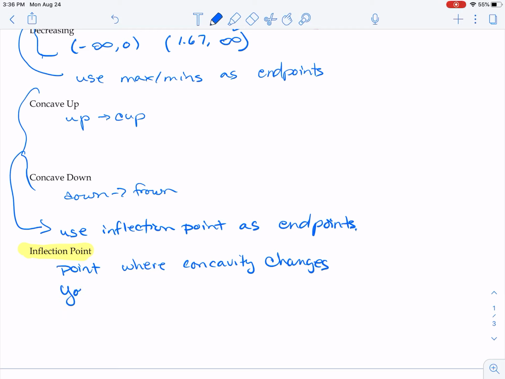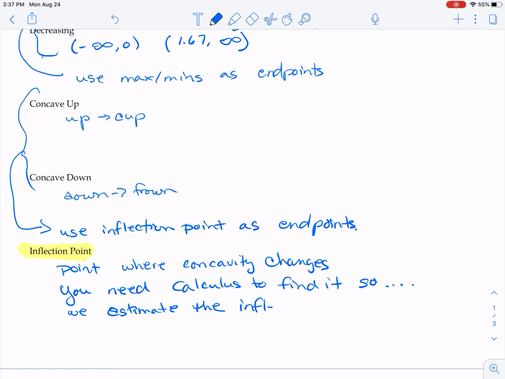You need calculus to find it. So we estimate the inflection point as the midpoint of the max and min.